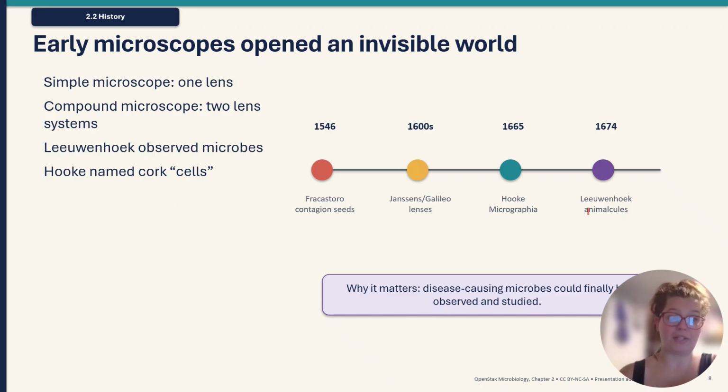And Robert Hooke used a compound microscope to examine a cork, and he was the first one to actually describe cells. And Galileo, which is the more common name everyone knows, also contributed to the development of the early microscopes.